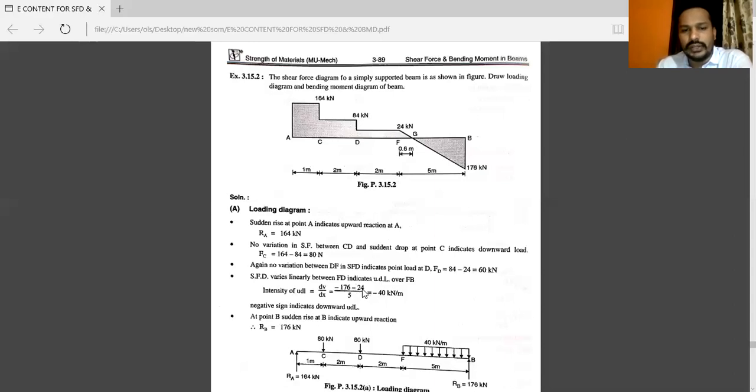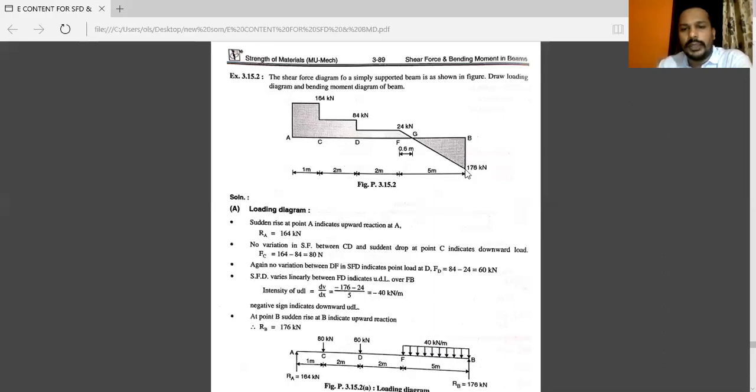So minus 176 minus 24, upon 5. The answer is minus 40 kilonewton per meter. Minus indicates it is vertically downward. So 40 kilonewton per meter is the intensity of the UDL from F to B.